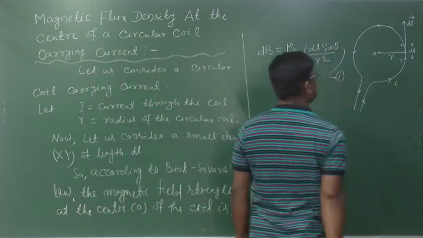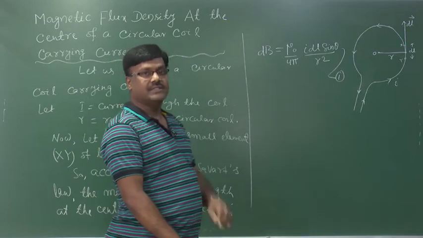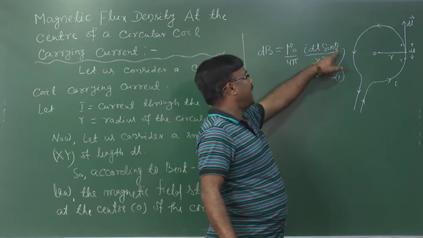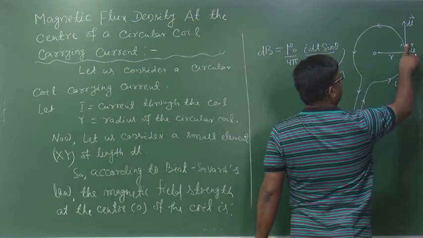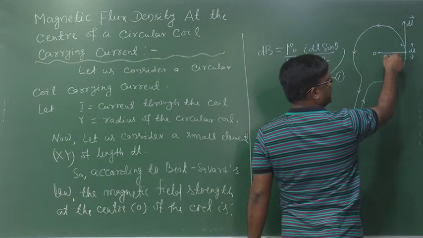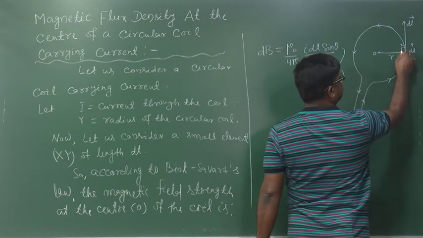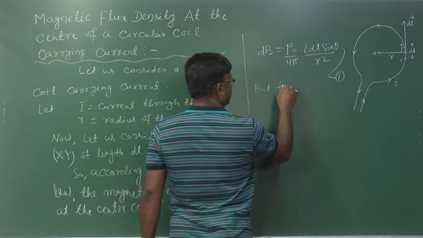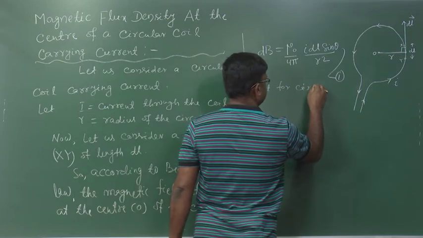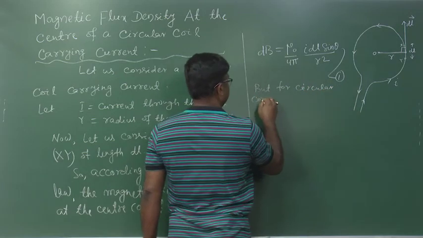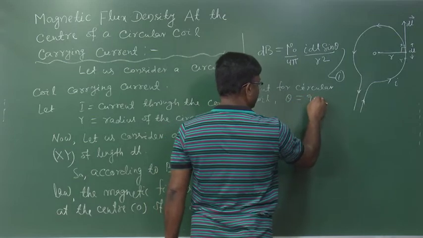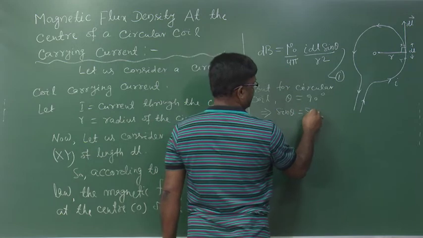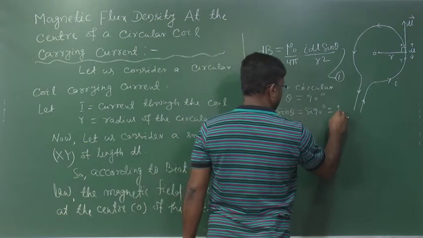Here the current is I. But for a circular coil, this theta is 90 degrees. That is, the angle between the direction of current and the position vector is 90 degrees. So theta equal to 90 degrees implies sin theta equal to sin 90 degrees equal to 1.